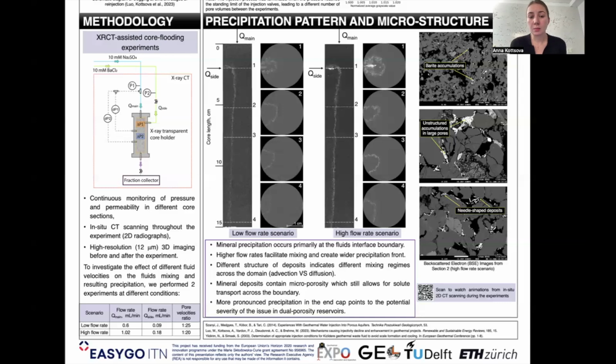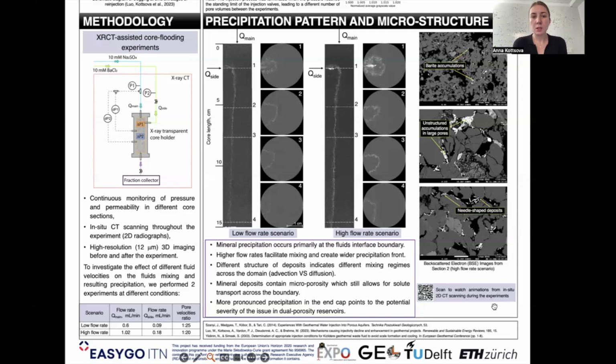So the structure contains microporosity, which is important to us because we understand that it still allows for solute transport across this boundary, which comes along the pressure data that we've seen when we have observed a continuous decline in permeability. So even though there is no active mixing in the area anymore, the diffusion still happens, which still allows for more mineral precipitation and more permeability reduction in the zone.